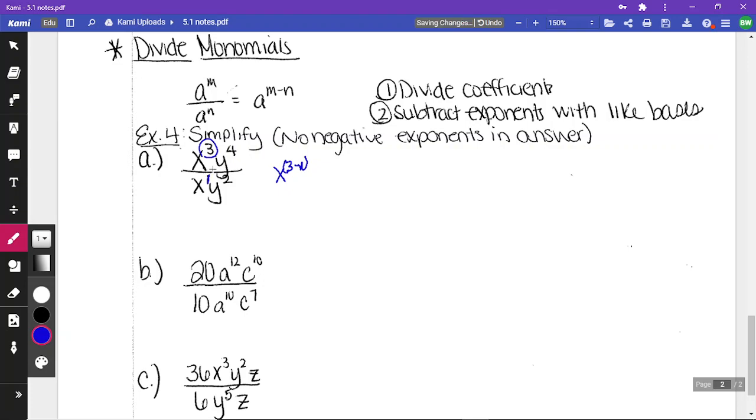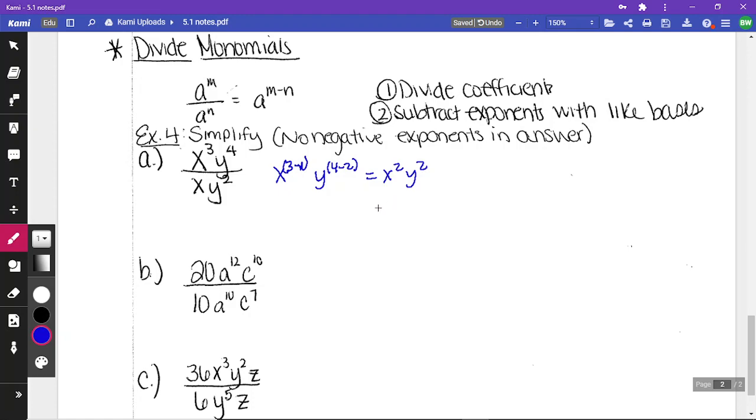In the denominator we have x, and it's to the first power, right? The 1 usually won't be written down, but that's the power of x in that case. And then we're going to do y. Well, y, we have 4 minus 2, right? So that equals x squared times y squared.